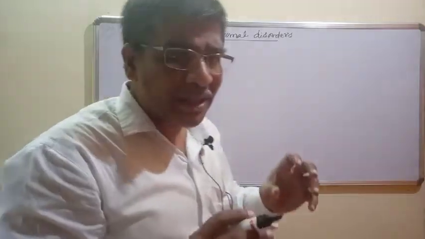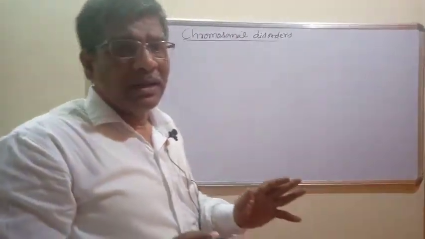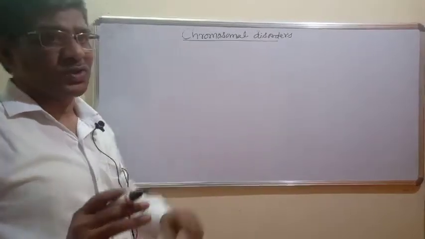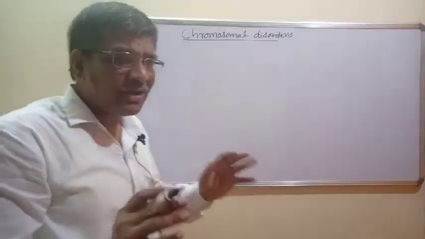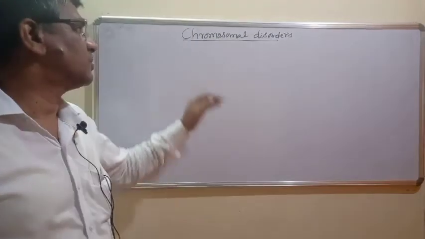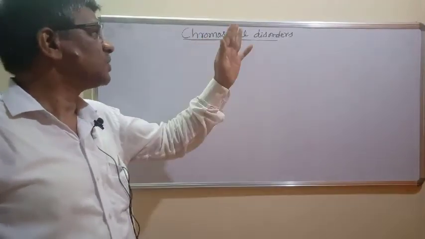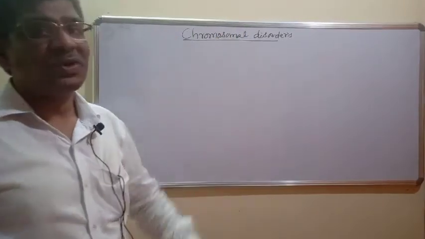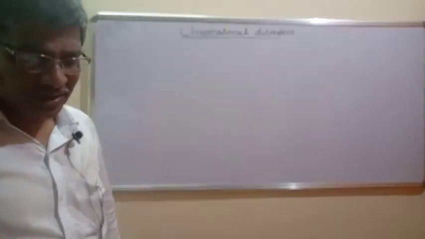These disorders are mainly caused by either an increase or decrease in the number of chromosomes. A species should have a fixed number of chromosomes. Either an increase or a decrease in chromosomes causes a disease known as a chromosomal disorder.